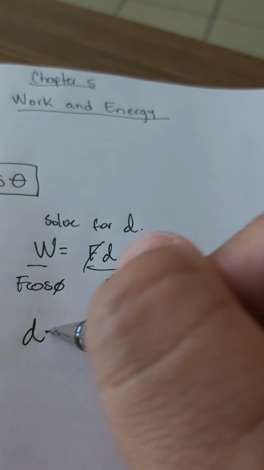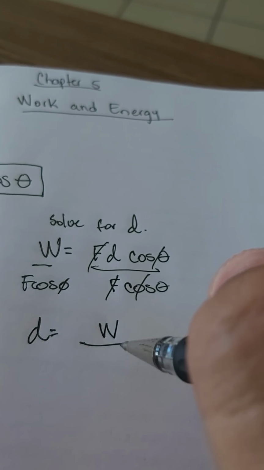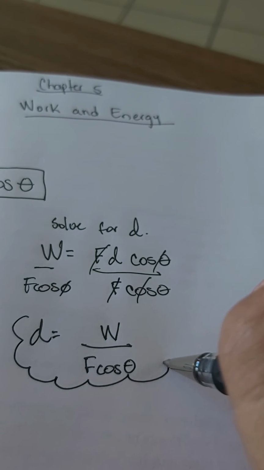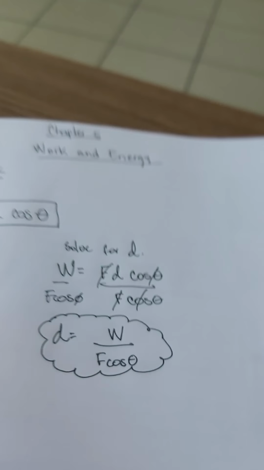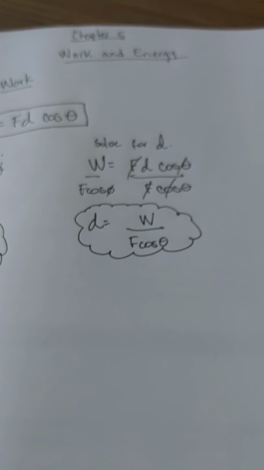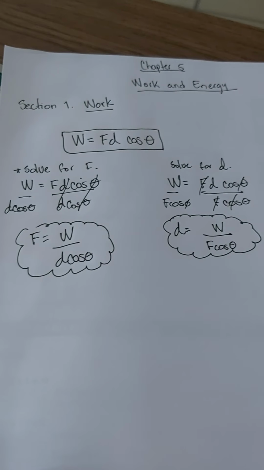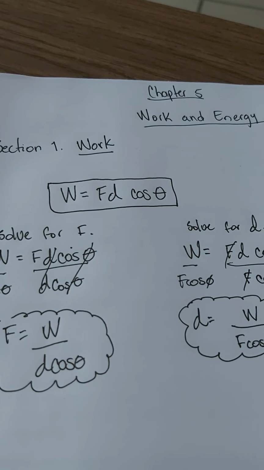So we get that D equals work over force cosine of theta. So we have derived two formulas from the work formula.